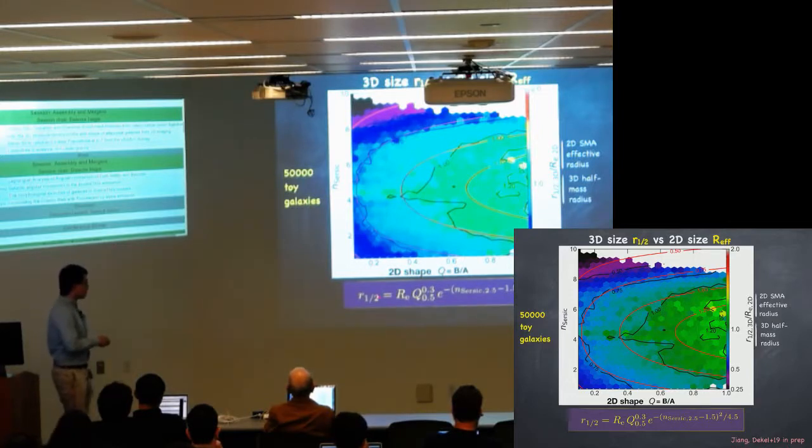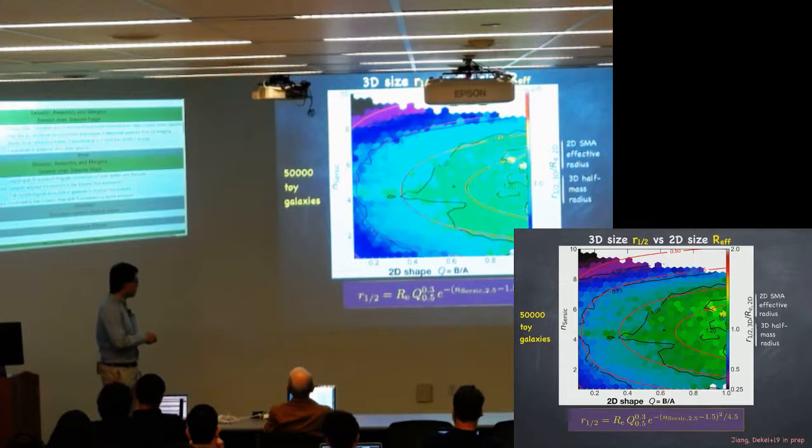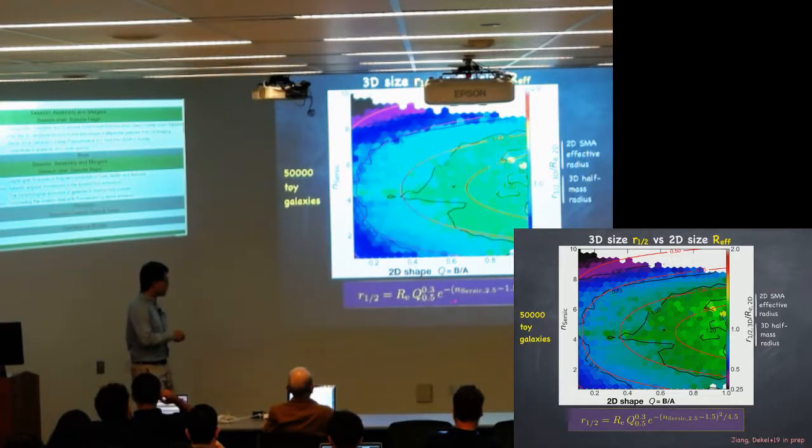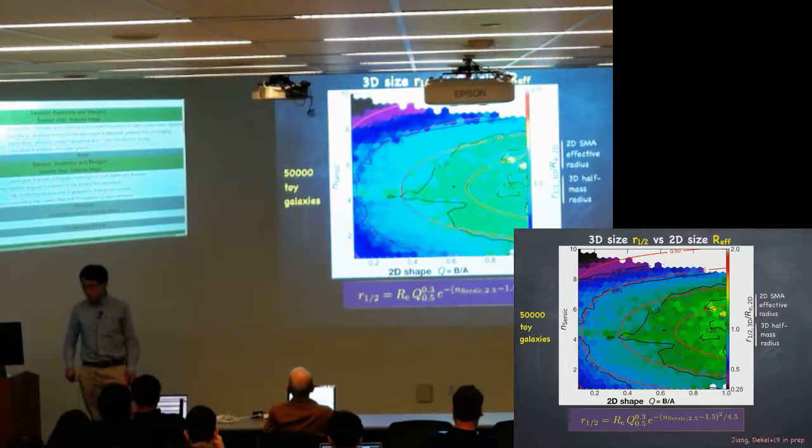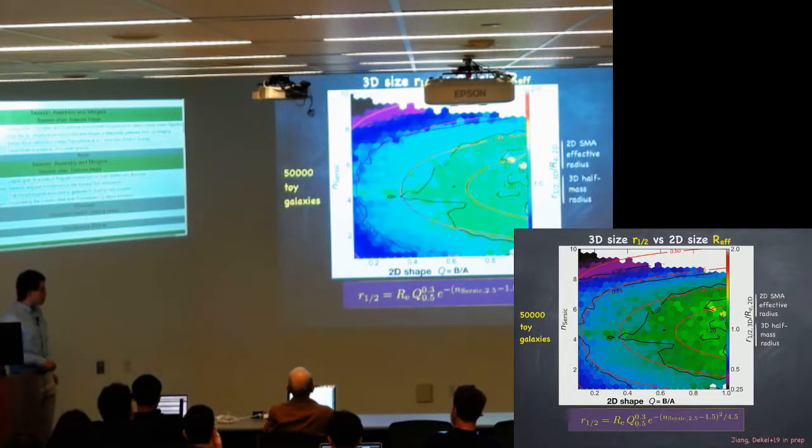So you can, on average, map 2D size to 3D using the axis ratio in units of 0.5 to a power of 0.3 times an exponent, which is a function of Sersic index in units of 2.5. This correction formula is more accurate than any empirical correction currently used in the literature.